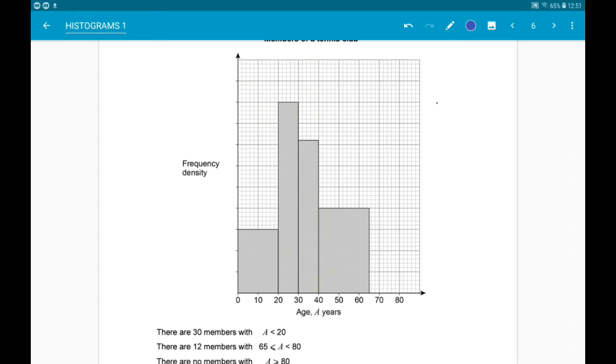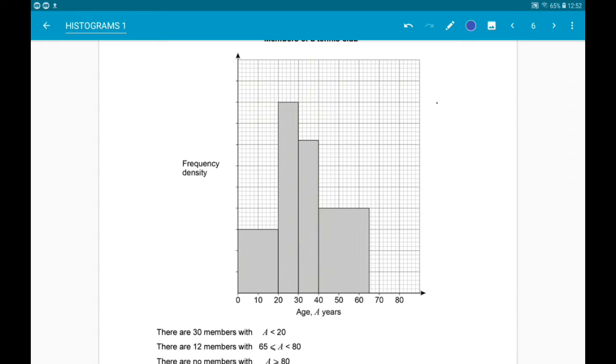We are told there are 30 members with age less than 20, 12 members with age between 65 and 80, and no members with an age greater than or equal to 80. Part A wants us to complete the histogram. So what we need to do is find the frequency density and then draw the final bar.